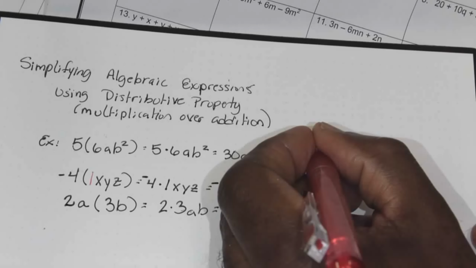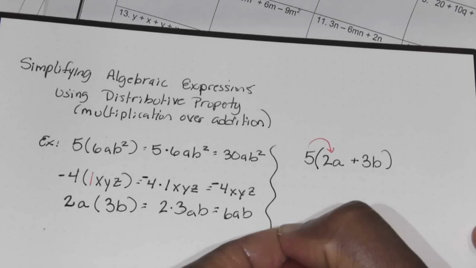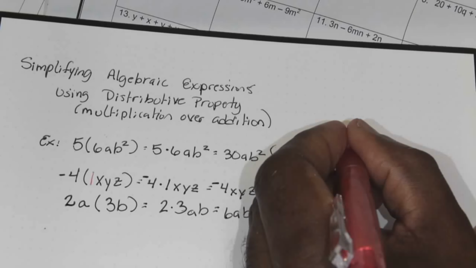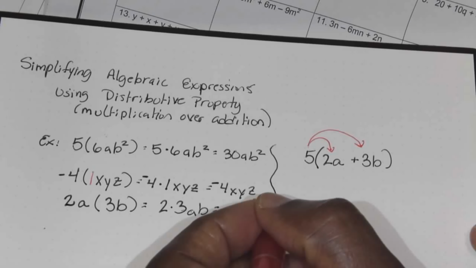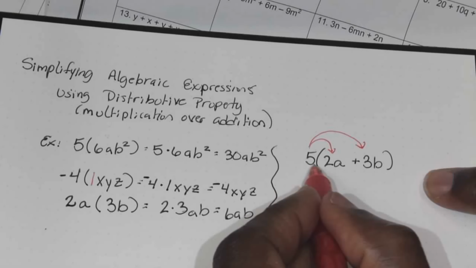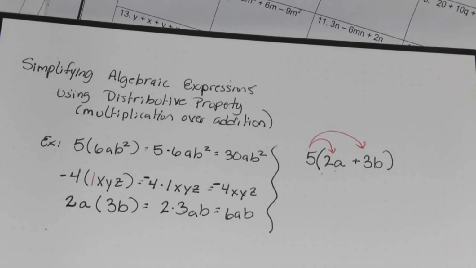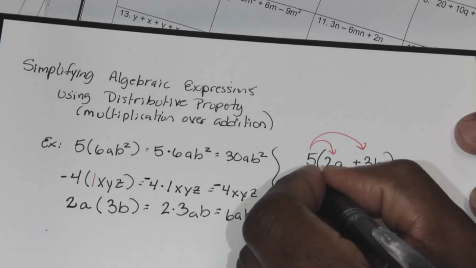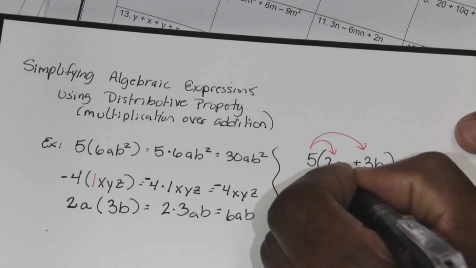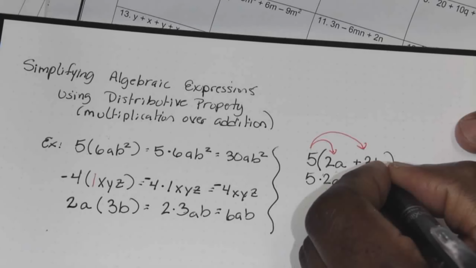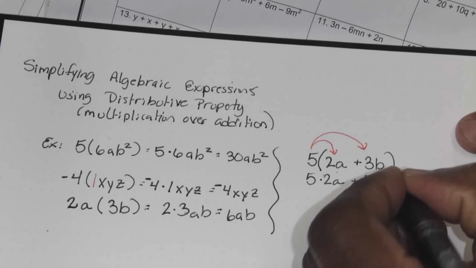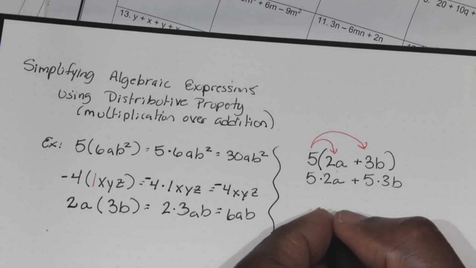You say 5 times this term and then 5 times this term. Because there's a parenthesis, you have to say 5 times every term in there. It looks like this: 5 times 2a, bring down the plus sign, and then say 5 times 3b. It's multiplication over the addition sign.